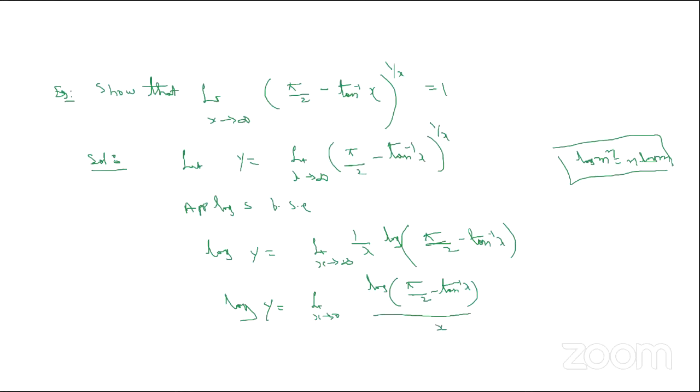This is indeterminate. If you substitute x tends to infinity, you will get infinity divided by infinity, which is an indeterminate form. Move to the next page.